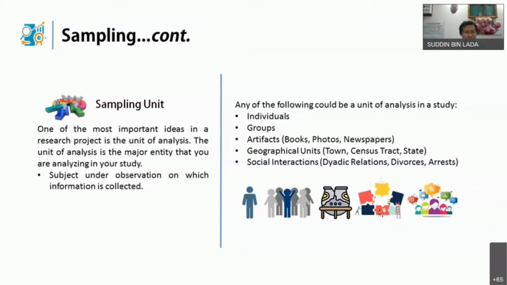And the last one you can use as a sampling unit is social interaction. Again, the subject under observation on which information is collected, itu yang dipanggil sebagai sampling unit. Okay, remember: clear sampling frame, clear sampling size, clear sampling unit. These are three important things in your proposal. Okay, move on.